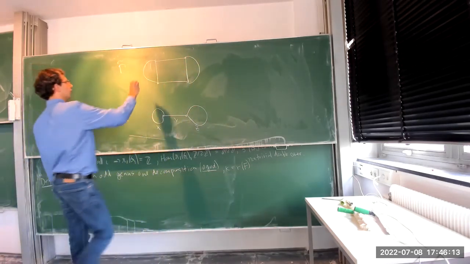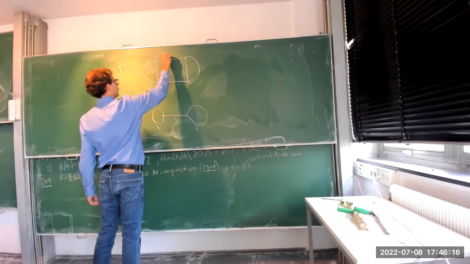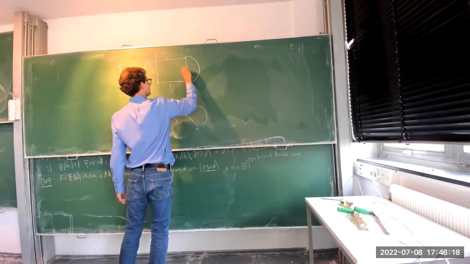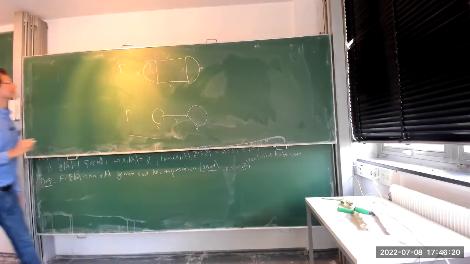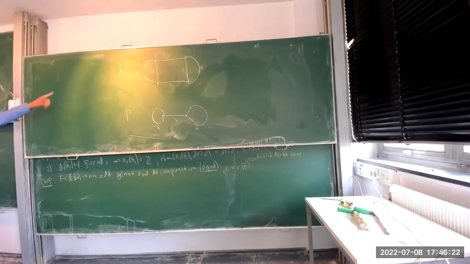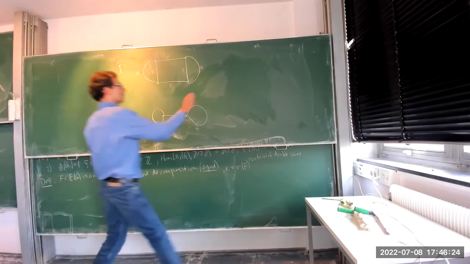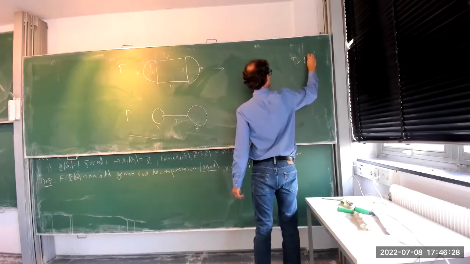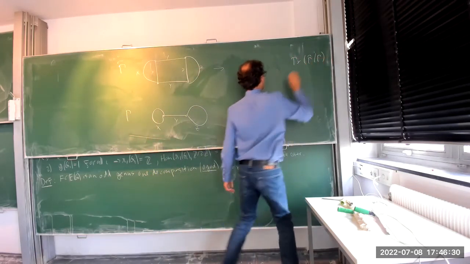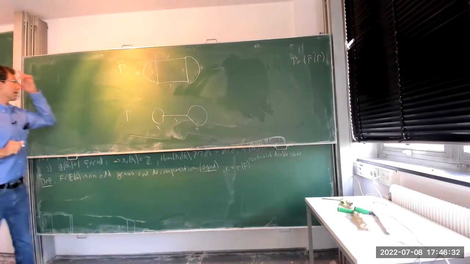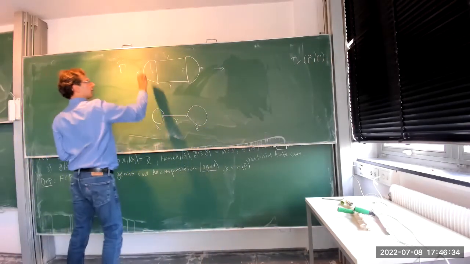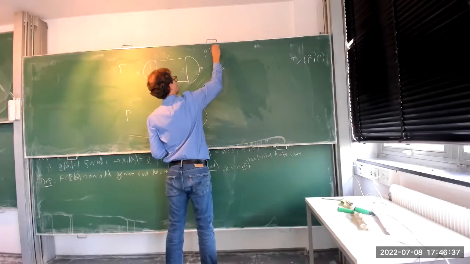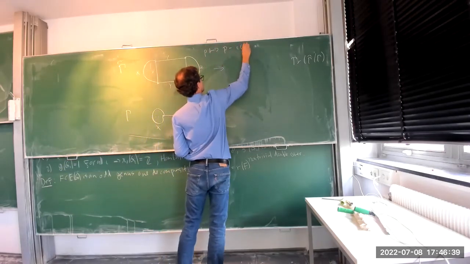So these are edges of length x, y, z. Now I'm going to take my top curve gamma and map it into my Prym variety. The way this map works is that I take each point and map it to the point minus the involution.